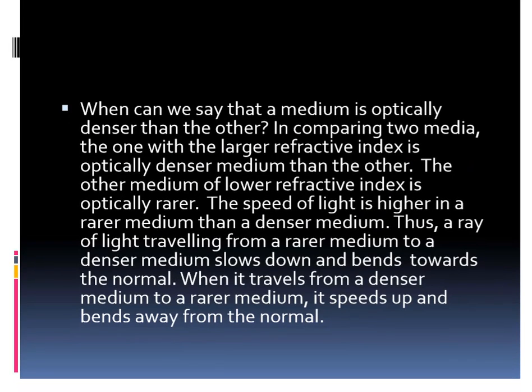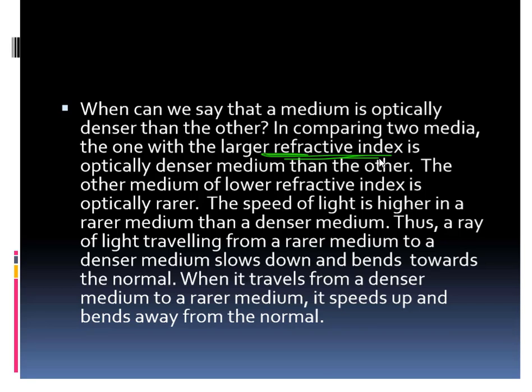Now when we say that a medium is optically denser than the other, in comparison of two media, the one with the larger refractive index is the optically denser medium. How will you conclude which one is optically denser and which one is optically rarer? The medium having a large refractive index is considered the optically denser medium.